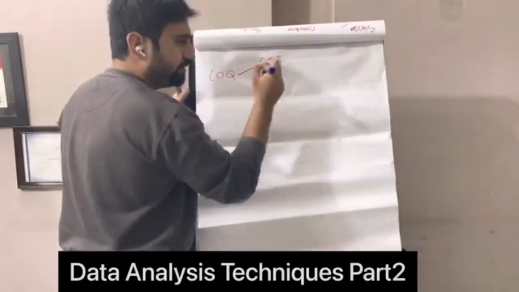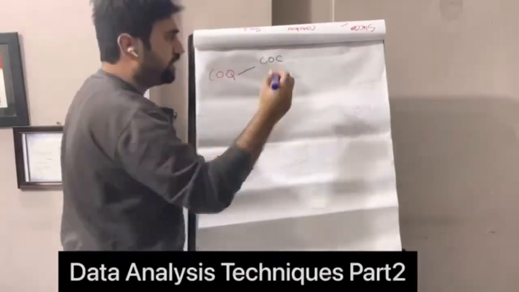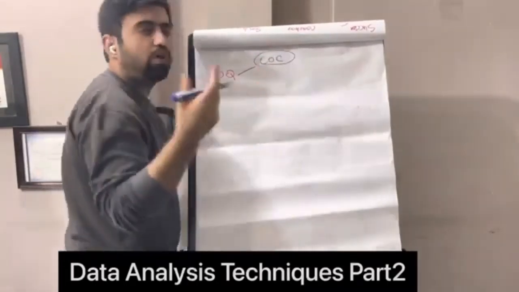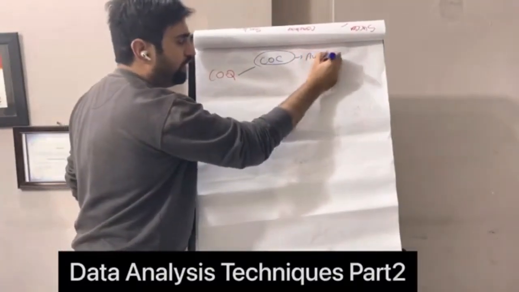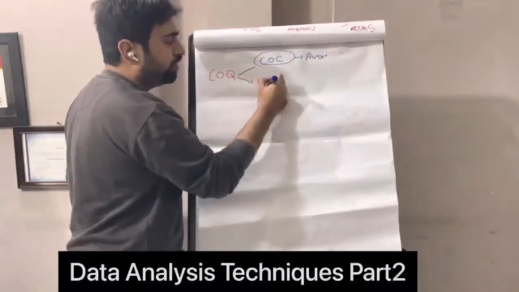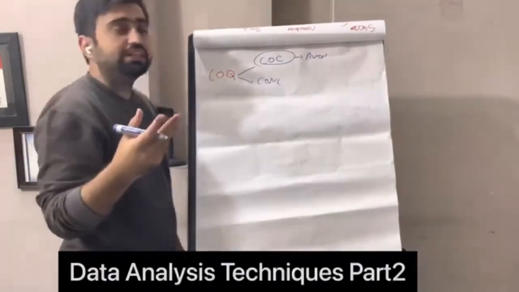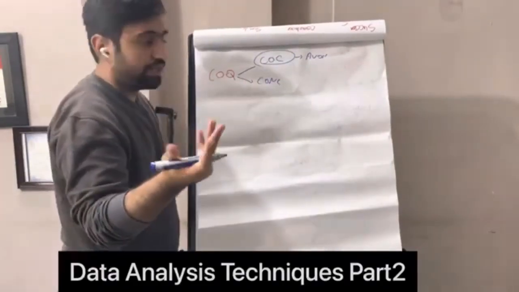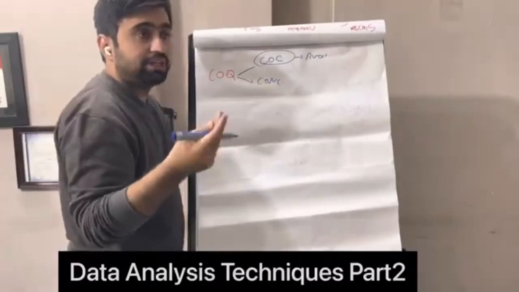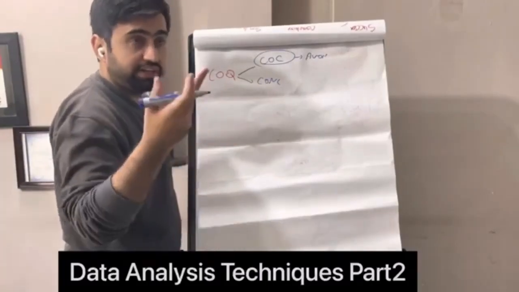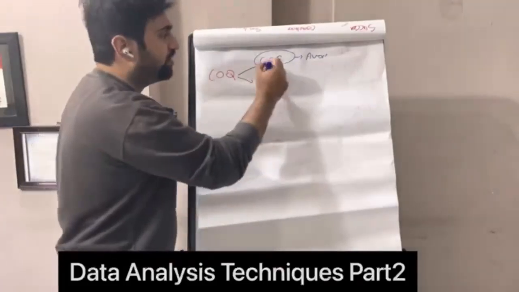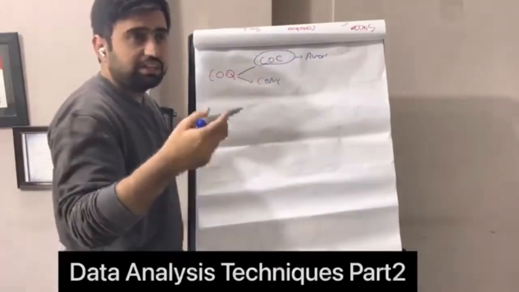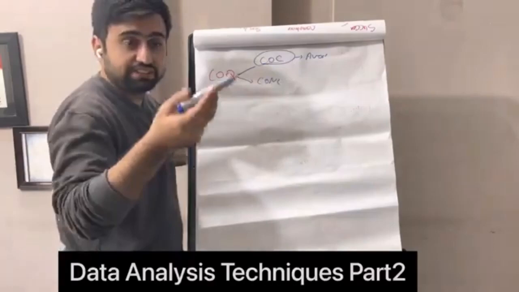Cost of conformance: conforming the product, money spent to avoid failures. Then cost of non-conformance: money spent due to failures. That can be rework, defects or liability, warranty costs, things like that. Conformance contains trainings, internal testing, things like that.